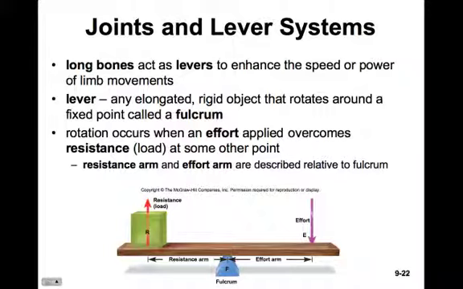It does this around a fulcrum. The resistance arm is the arm that has the load on it, and the effort arm is the arm that we are applying some effort to. They're described relative to the fulcrum, and it depends on where the resistance is.